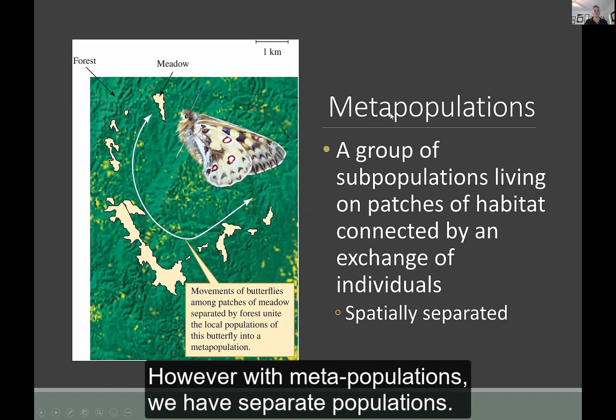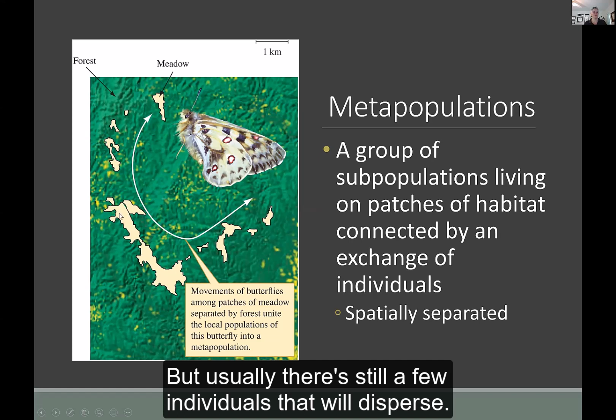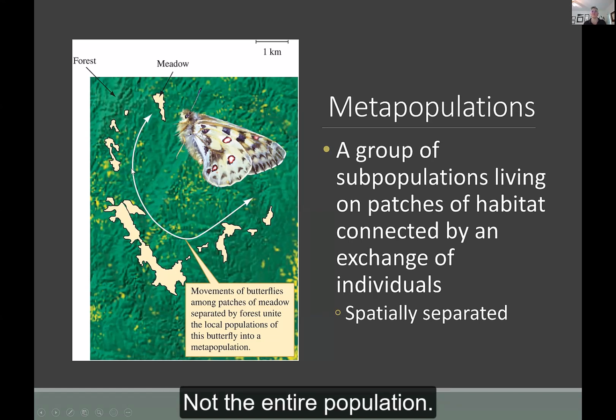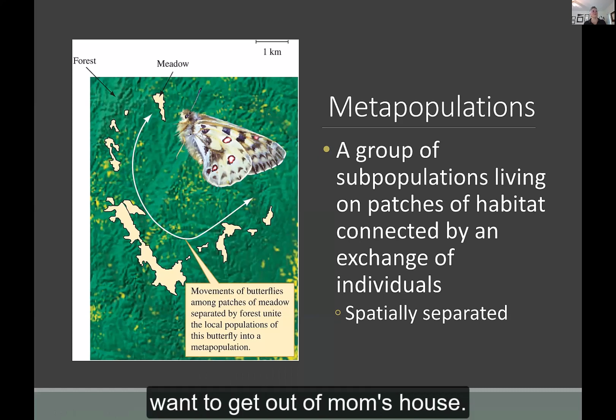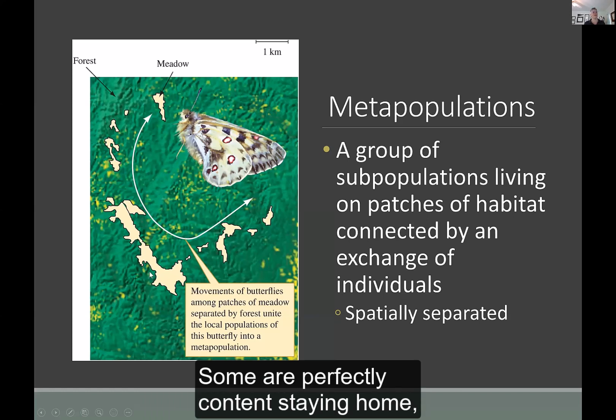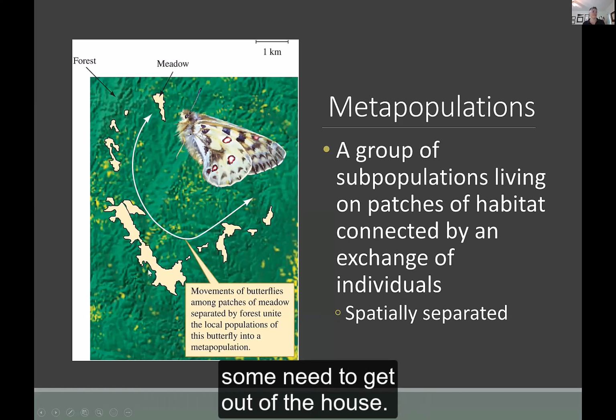However, with metapopulations, we have separate populations, but usually there are still a few individuals that will disperse, not the entire population, but those individuals that want to get out of mom's house, right? Some are perfectly content staying home. Some need to get out of the house.